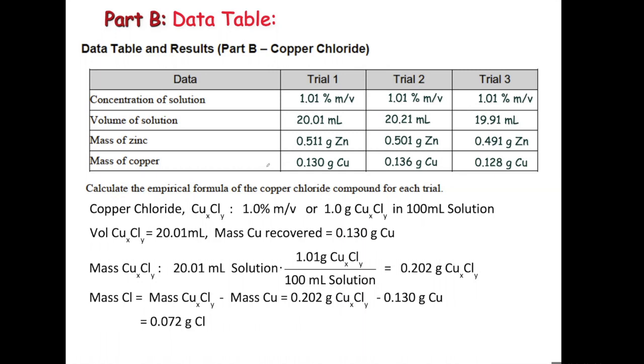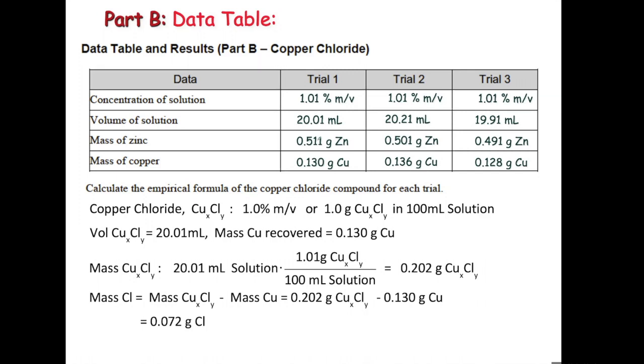So how do we get 0.130 grams of copper from 1.01%? Well, we got that based on the fact that we can take the percentage and the volume, and then that'll give you basically the amount of copper that you have.